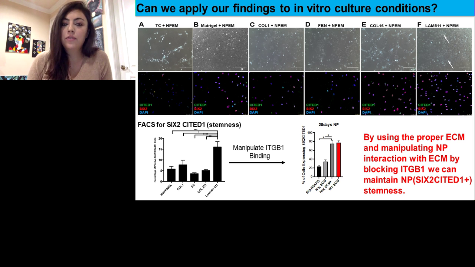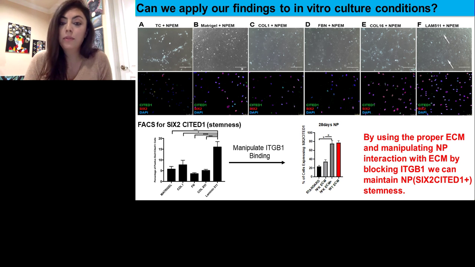And next, we wanted to see what if we block integrin beta-1 using anti-integrin beta-1 antibodies. Would this change the expression of SIX2+CITED1? And indeed, with flow analysis, we showed that in the standard case using the Matrigel, we have a little bit above 20% maintenance after 28 days of culture.